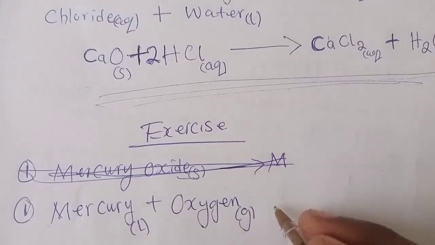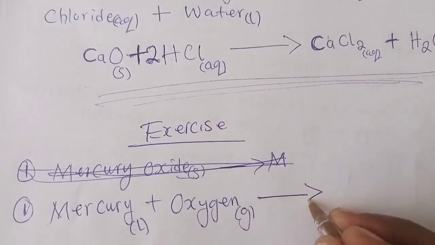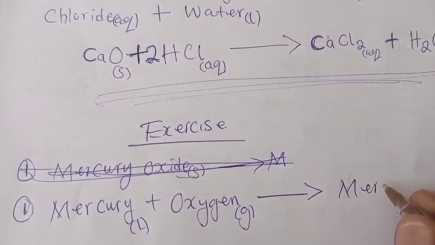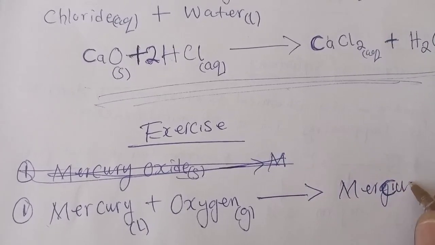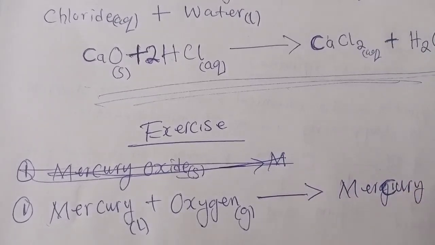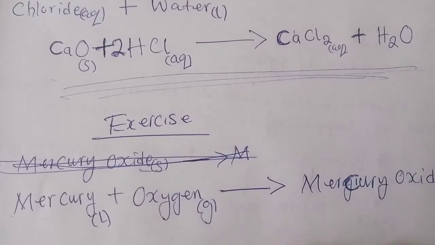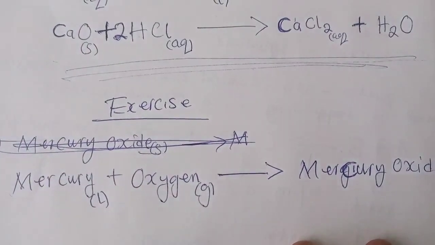Oxygen, you know that it is in gaseous state. So when these two react, they will produce mercury oxide. So you need to balance this equation.